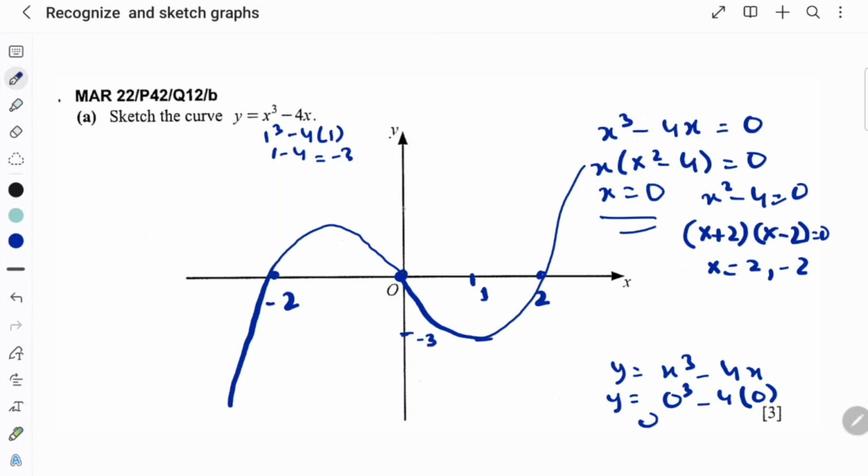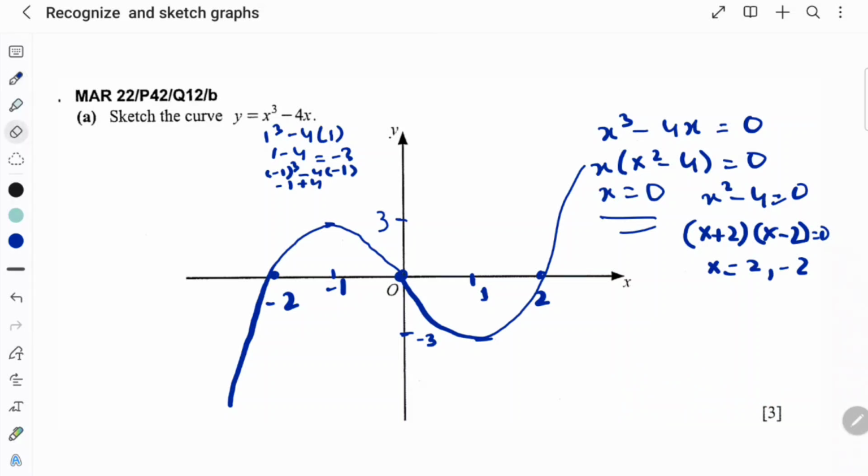And obviously the other one: at minus 1, minus 1 cubed is minus 1, so minus 1 plus 4 is 3, so this one will be equal to 3 here. At x equals 1, it is negative 3, and at x equals minus 1, it is positive 3.